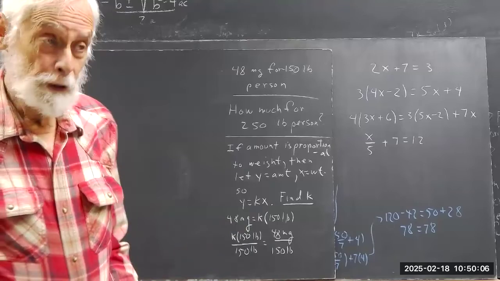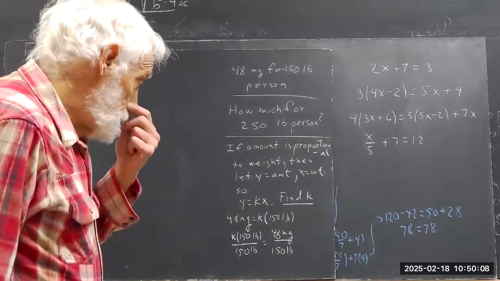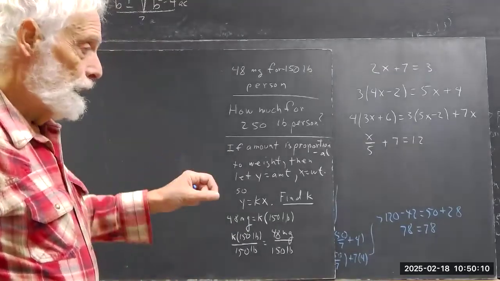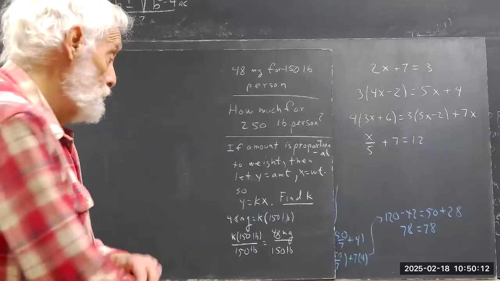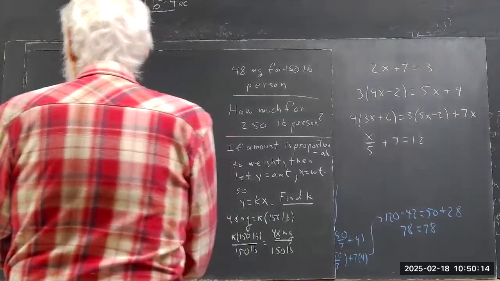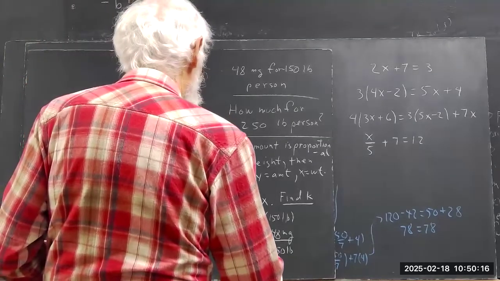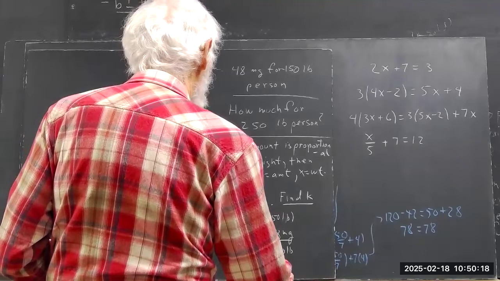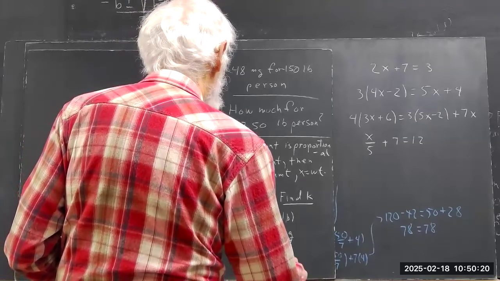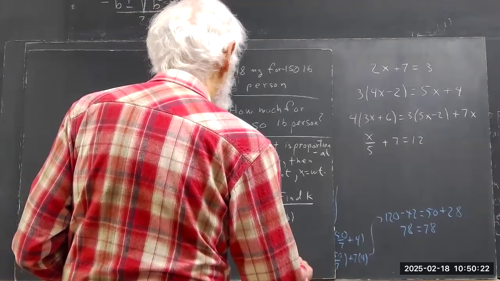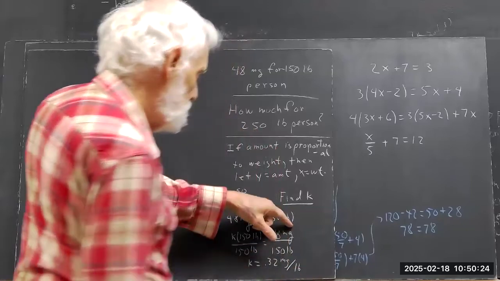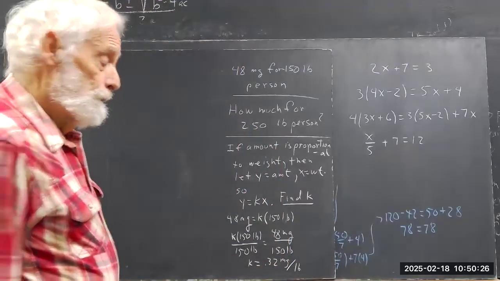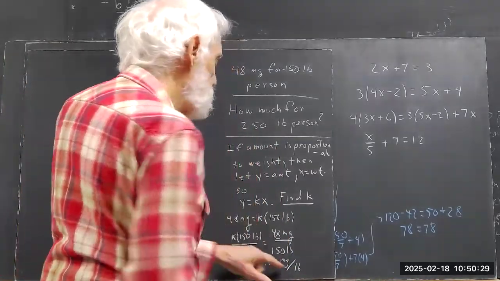Well, I think it would be a good idea, because it puts a meaning on these quantities. Okay, so that tells us that K is 0.32 milligrams per pound.